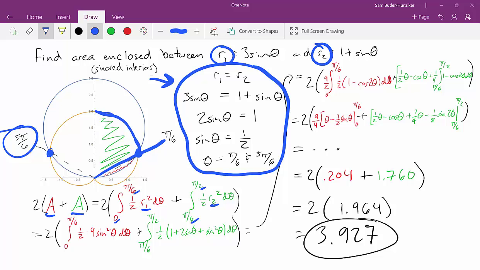Then it's just a long, tedious matter of integrating. In both cases, we end up using the trig identity for integrating sine squared. That's the 1/2 times 1 minus cosine 2 theta.